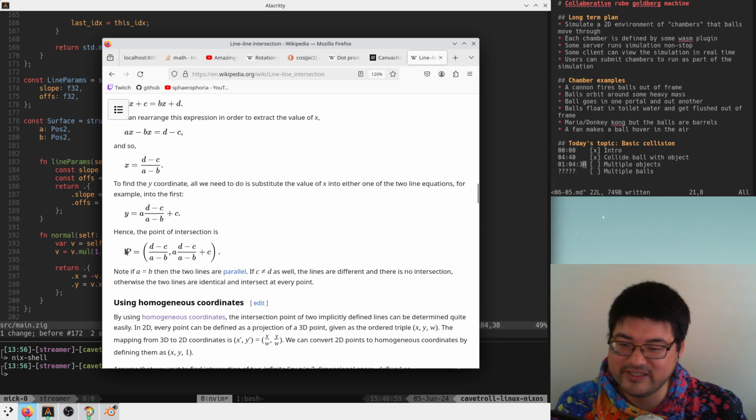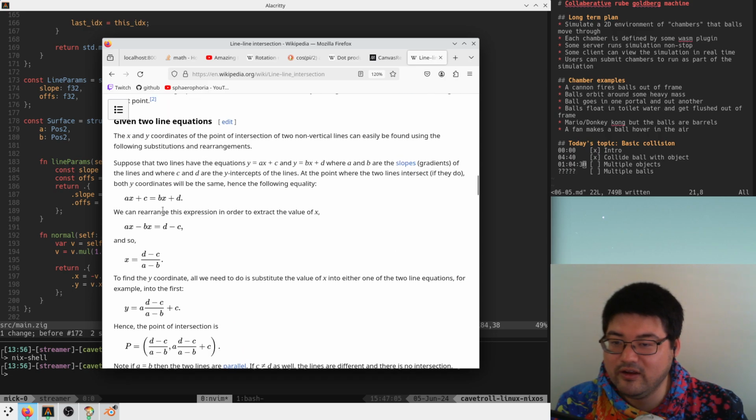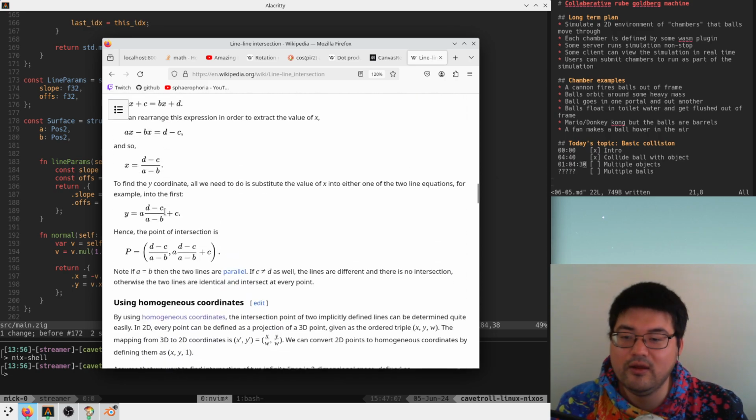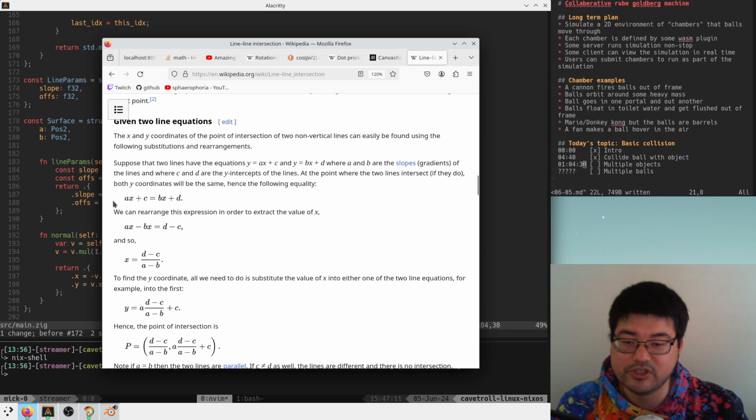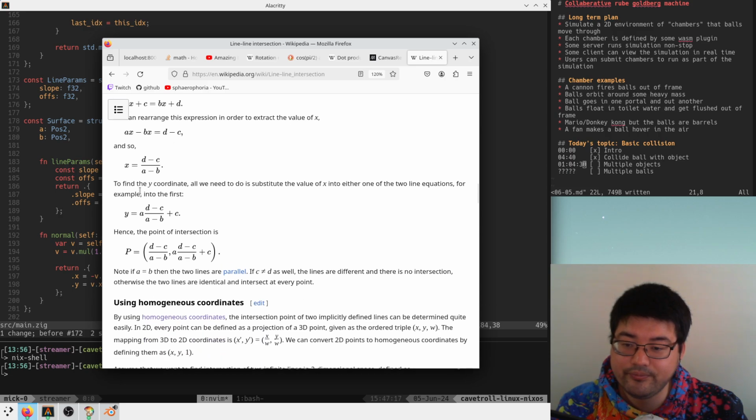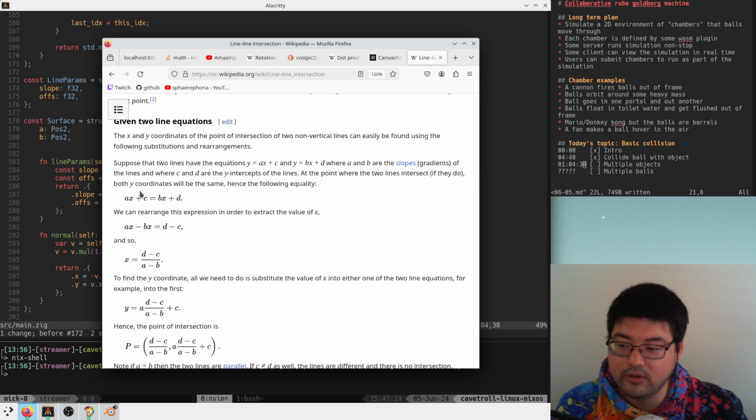The point of intersection is d minus c over a minus b. Oh, this is what I did. Given two line equations. Wait, okay. But we need to check the degenerate case, I guess. Suppose two lines, blah, blah, blah. Bullshit Lionel G solution.